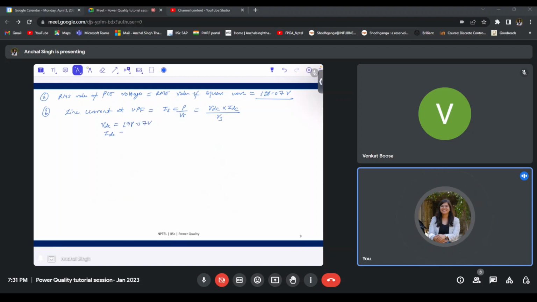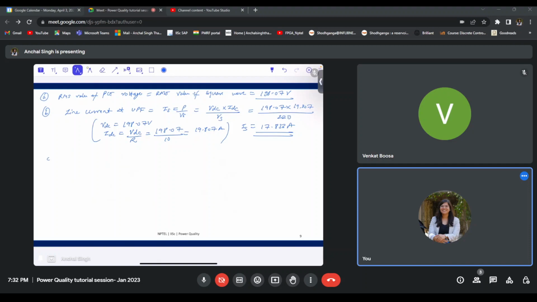IDC is equal to VDC by R, which is 198.07 by 10 ohms, which is 19.807 amperes. So VDC into IDC is 198.07 into 19.807, divided by Vs, which is 220 volts. This will come out to be 17.833 amperes. So this is the value of Is.